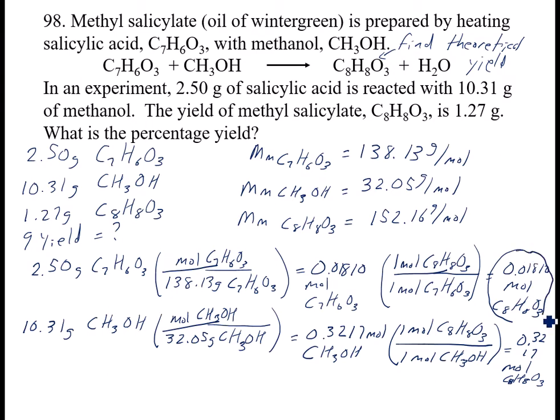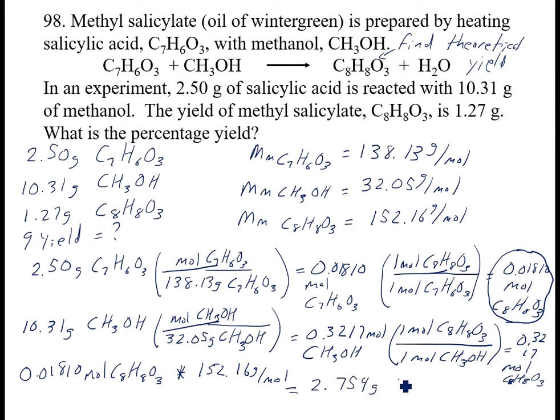So that's the one I'm going to use. To find the theoretical yield, or the mass, I'm going to take that 0.01810 moles of C8H8O3 times its molar mass of 152.16 grams per mole, and I get 2.574 grams of C8H8O3.